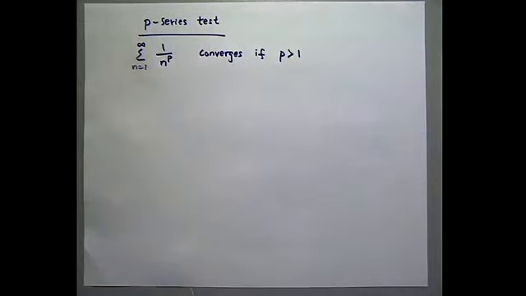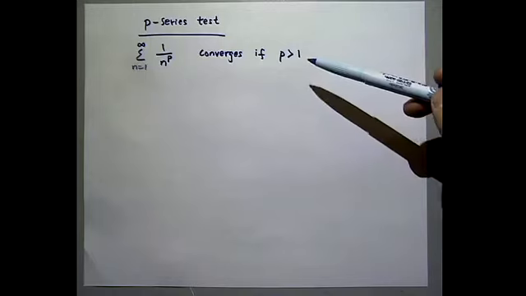Anything less than 1 or equal to 1, the series does not converge. What do you get when p is exactly equal to 1?